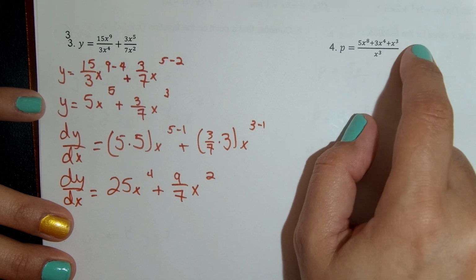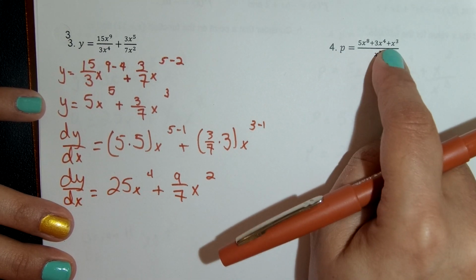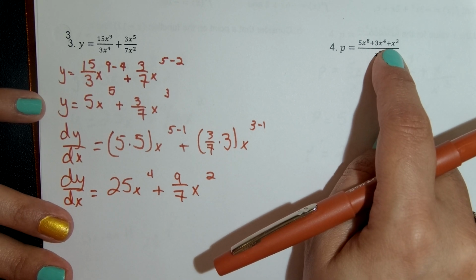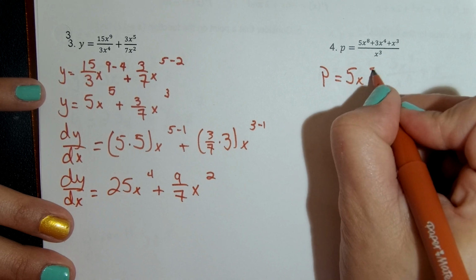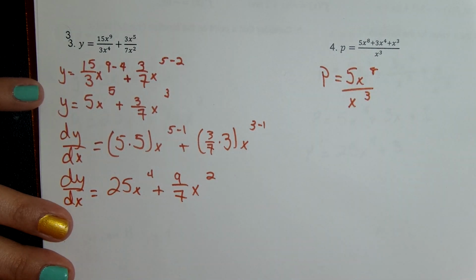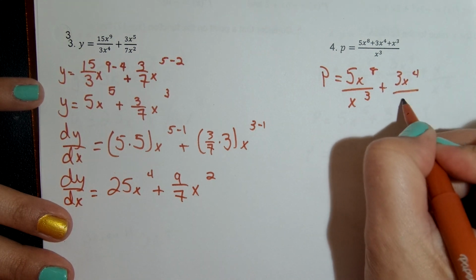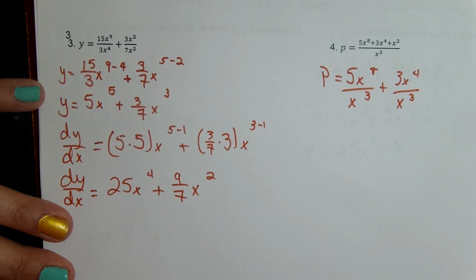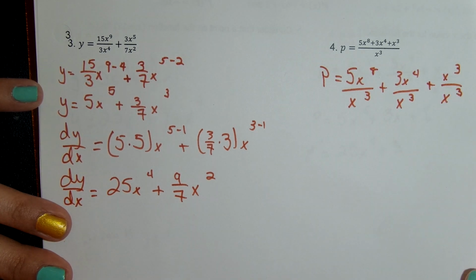How many fractions will I have? 3. So I have p equal to 5x to the 8th over x cubed plus 3x to the 4th over x cubed plus x cubed over x cubed.